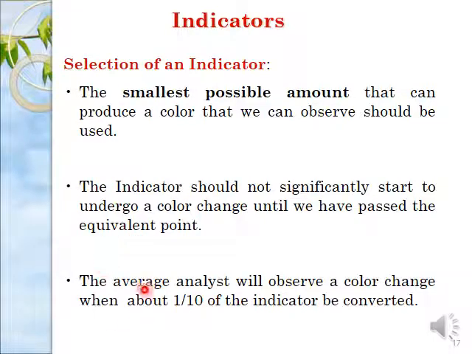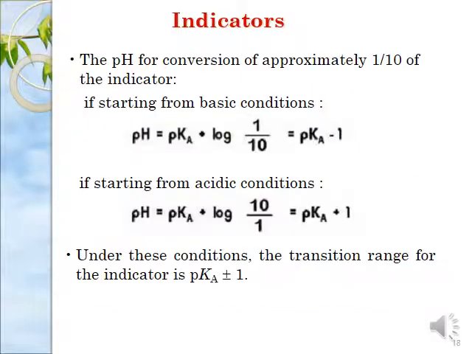Now the average analyst will observe a color change when about 1/10 of the indicator is converted. So the pH conversion of 1/10 of the indicator is this. Let's say you start from basic condition, meaning a basic sample. The pH is calculated using this relationship: pH equals pKa minus 1.